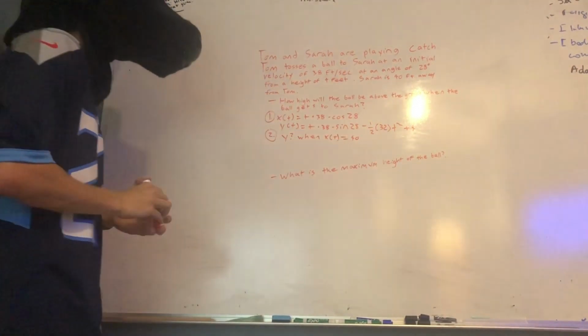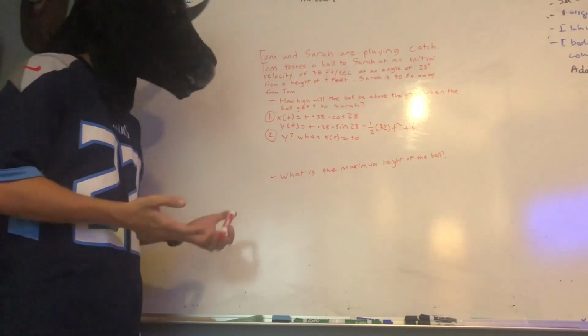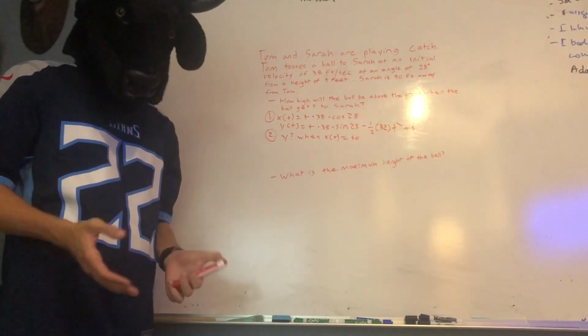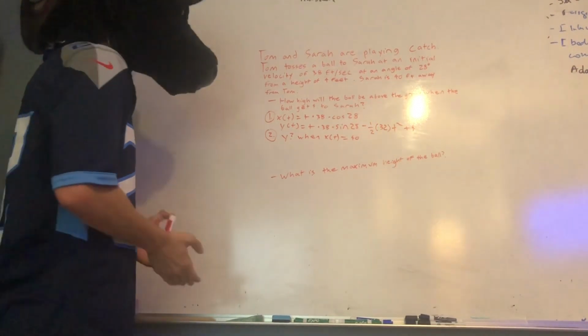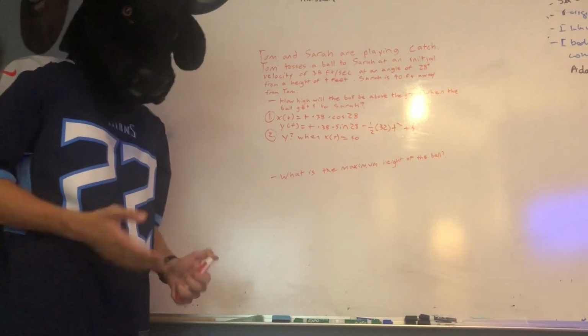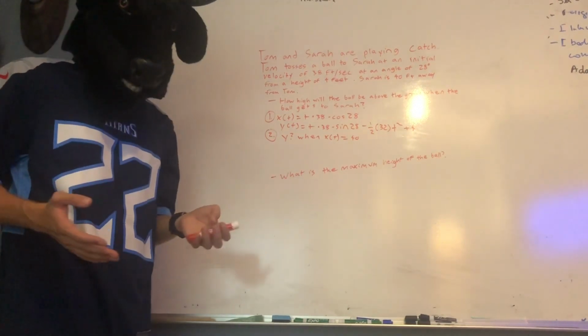Because even though the words this problem uses is how high will the ball be above the ground when it gets to Sarah, what we want to understand from this, from a parametric equation standpoint, is how high is the ball when the horizontal distance reaches 40 feet, because they're 40 feet away from each other.